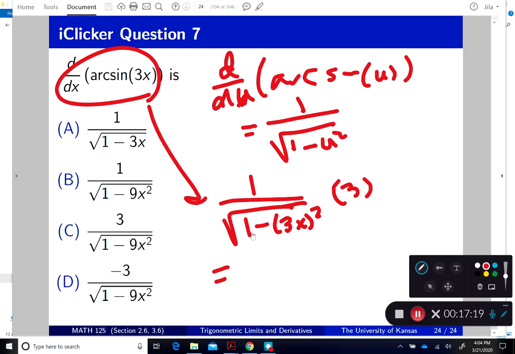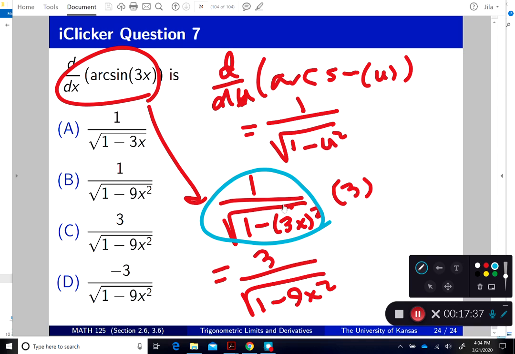So the answer is 3 divided by the square root of 1 minus 9x squared. And this is according to the chain rule. I did the derivative of the outside, plugged in the inside, and then multiplied by the derivative of the inside.